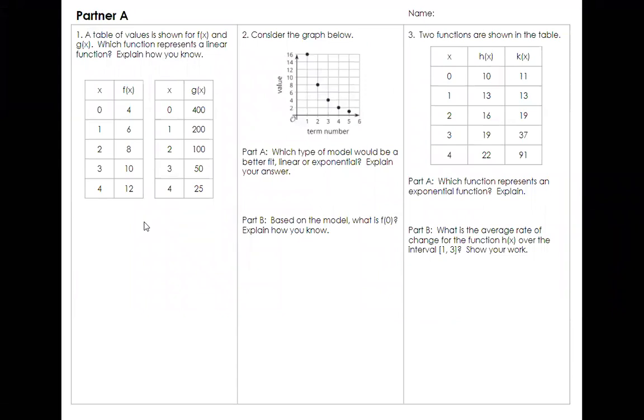So a table of values is shown for f of x and g of x. Which function represents a linear function? Explain how you know. First of all, why does one say f of x and the other one say g of x? They're both the y, but they're two different functions.